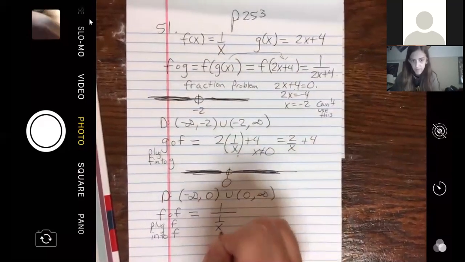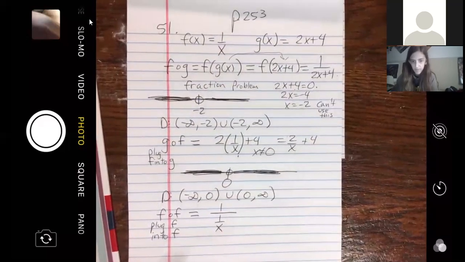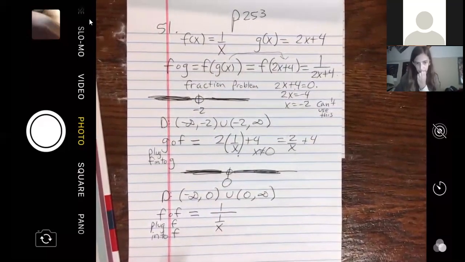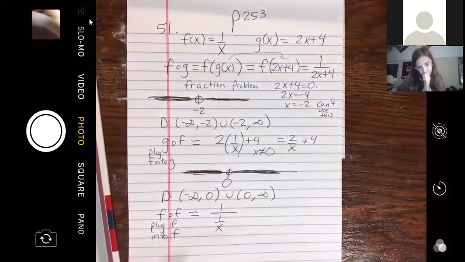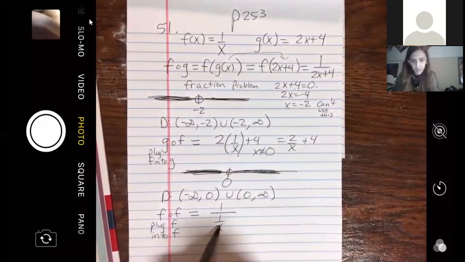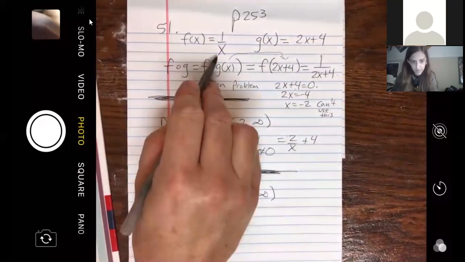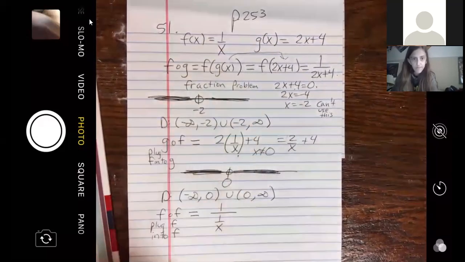That'll be 1 over X. See, that's my F, and I've plugged it in where the X is in F.